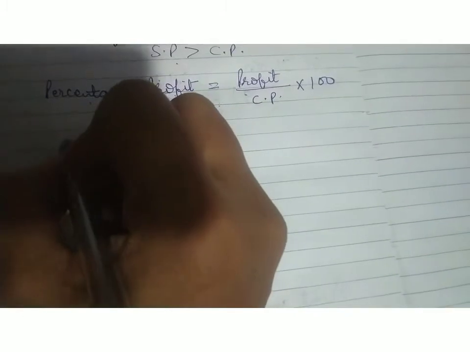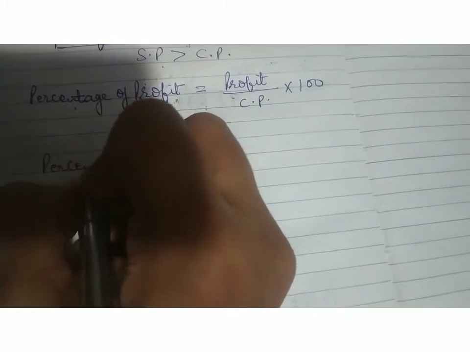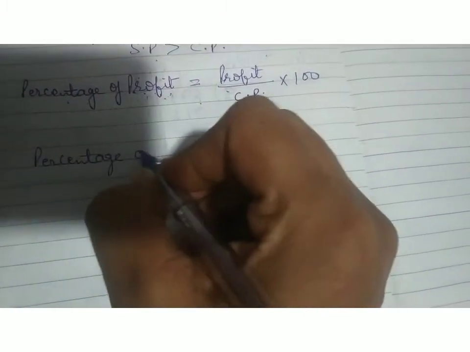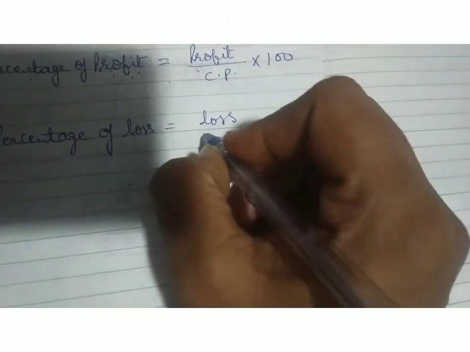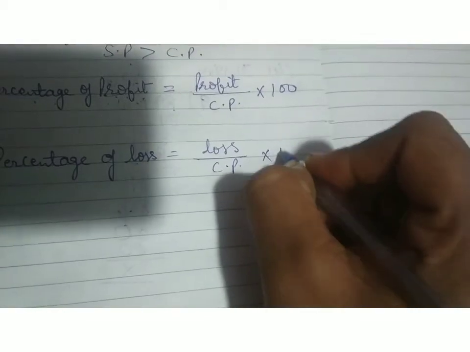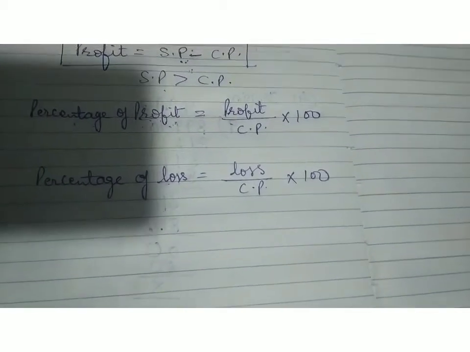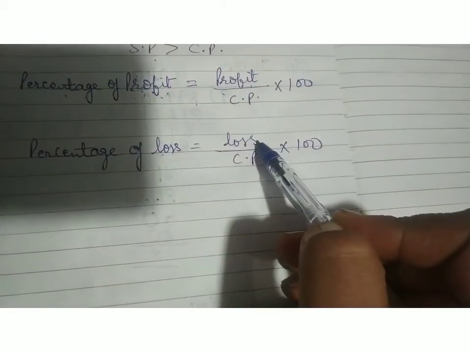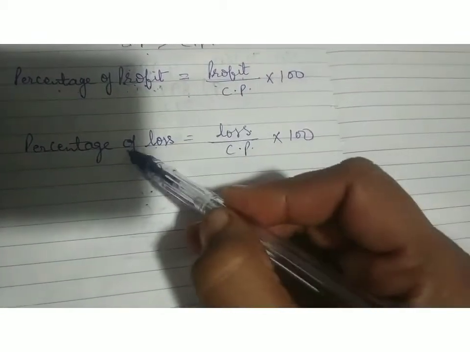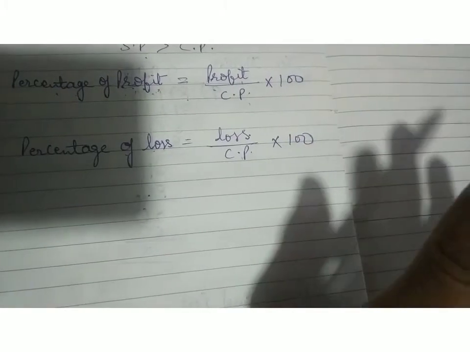And if I need to find out the percentage of loss, then it will be loss divided by cost price multiplied by 100. Okay children, this is the percentage of profit and loss. Both we will find out the percentage on the cost price, right?